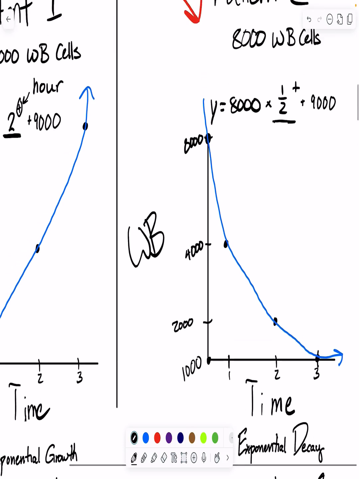Because 1/2 to the power of 0 is 1, times 8,000 is 8,000, plus 9,000 is, in fact, 17,000. So that would be 17,000 as our predisposition. We are, in fact, cutting that. That would be 13,000. We are, in fact, cutting that, which would, in fact, be 11,000.